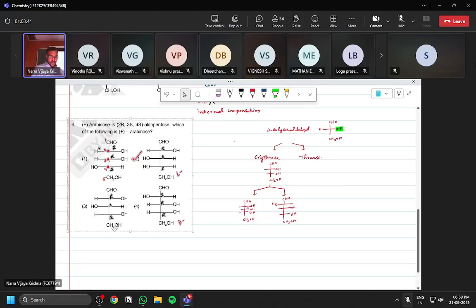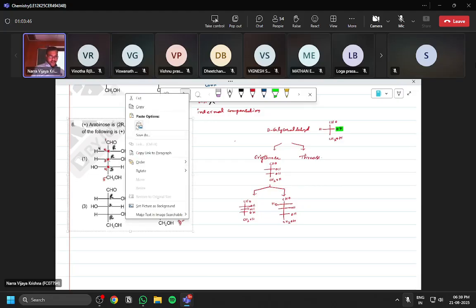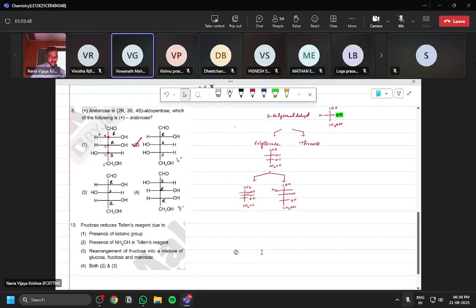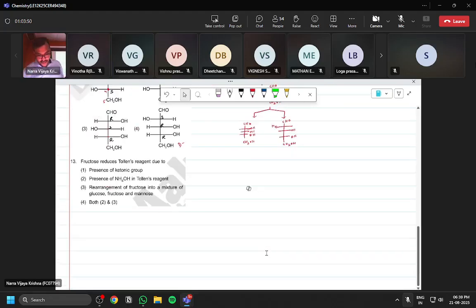Both they have given. Yes, sir, I saw the solution. Okay, so they gave the answer as option 4, but 2 is correct if and only if it is accompanied with 3. If 3 is not there, 2 doesn't have any meaning. Correct or not? Okay then.